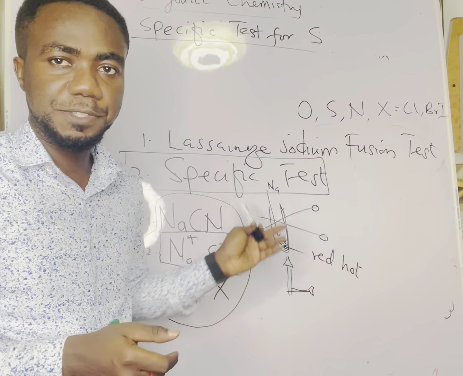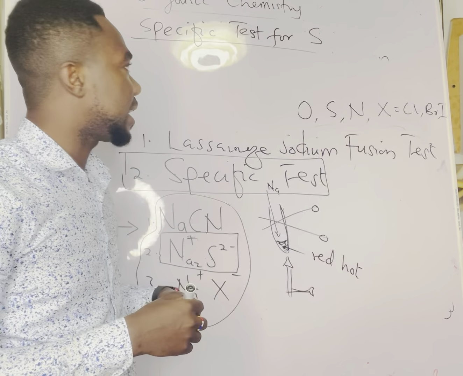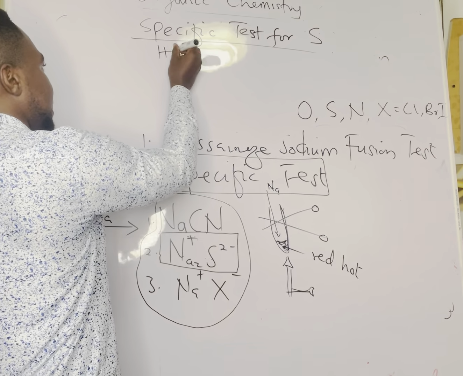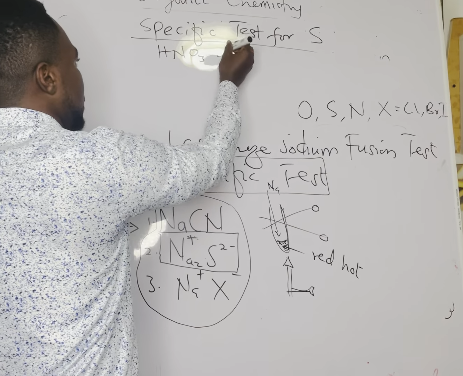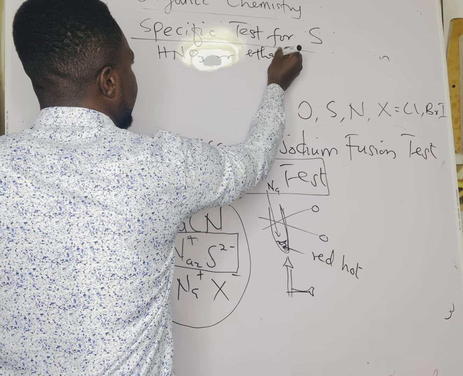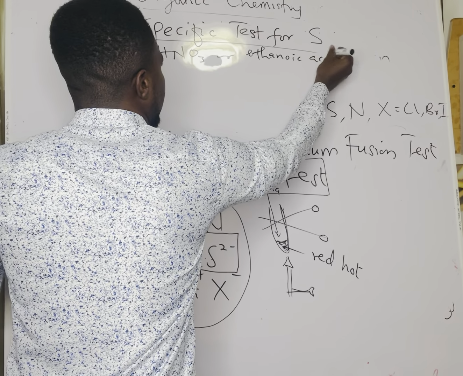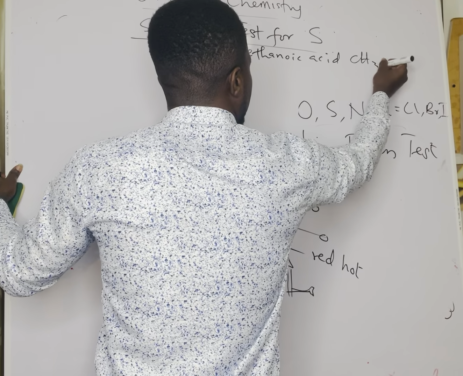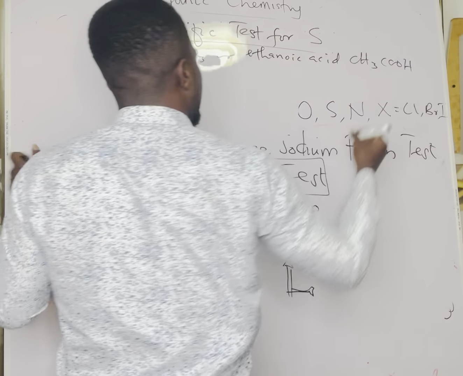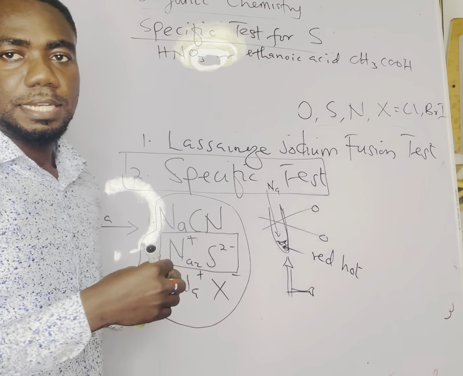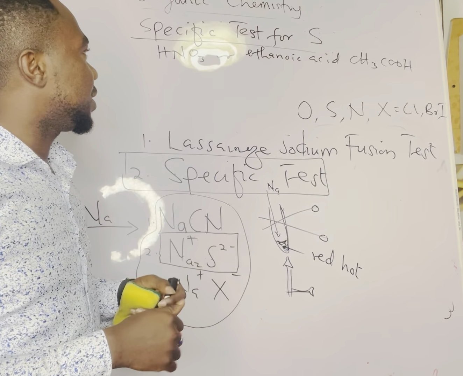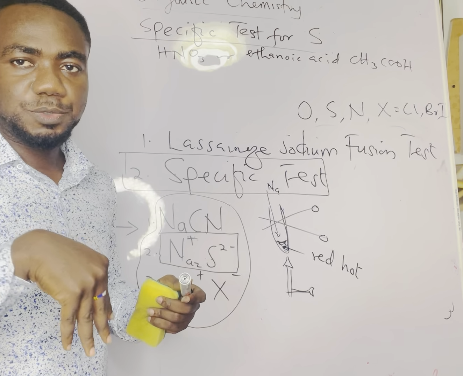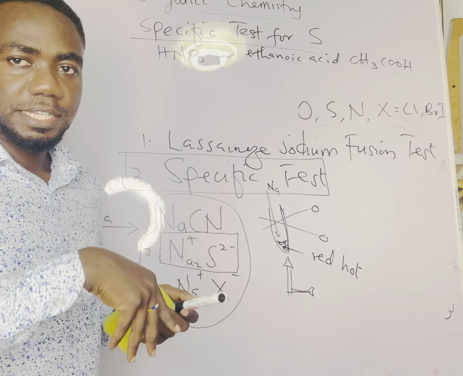After the Lassaigne Sodium Fusion Test, take a portion, then you add nitric acid, HNO3, or ethanoic acid. Then you add a portion of lead acetate or lead nitrate into the mixture.